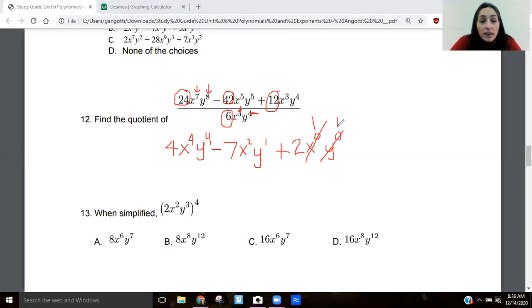So we could just erase these guys and be done. That would be it, because this would just be 2 times 1 times 1, which is just going to be 2. Okay? That's the answer to 12.